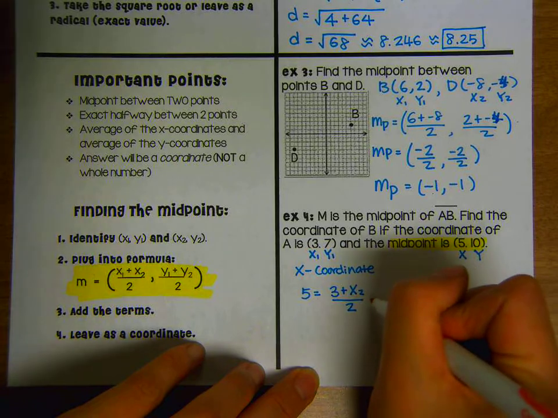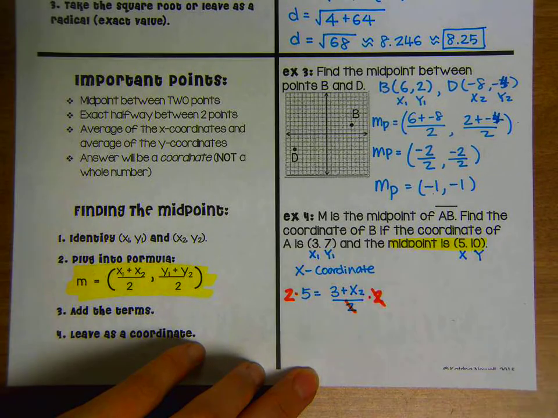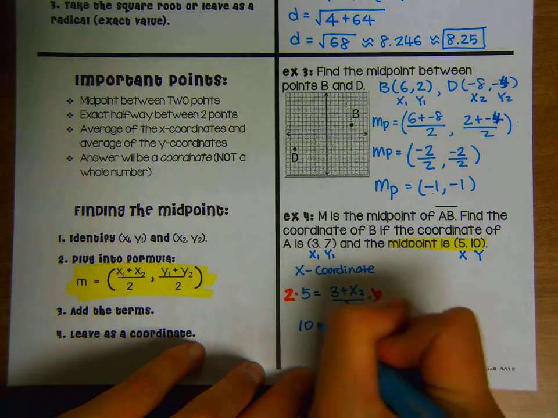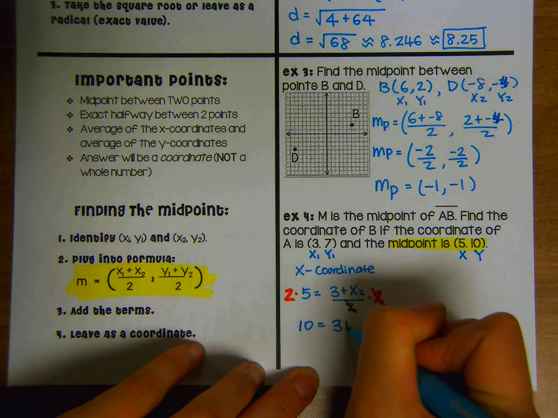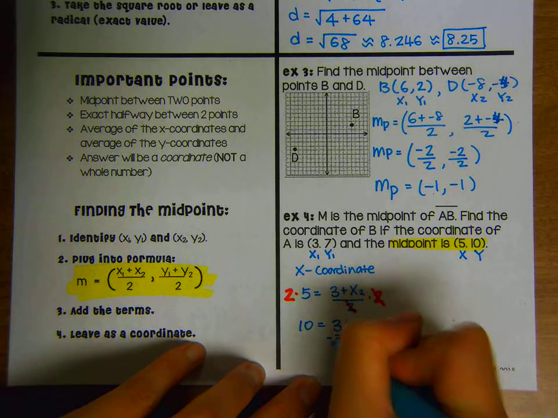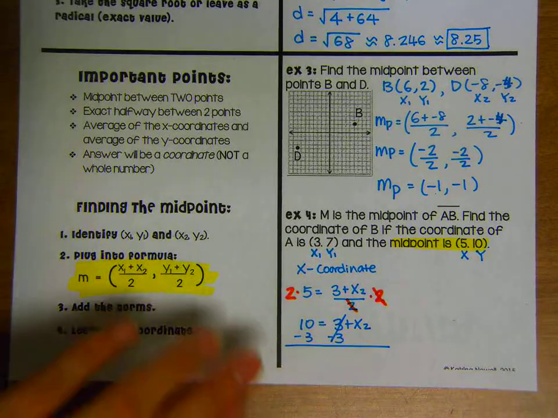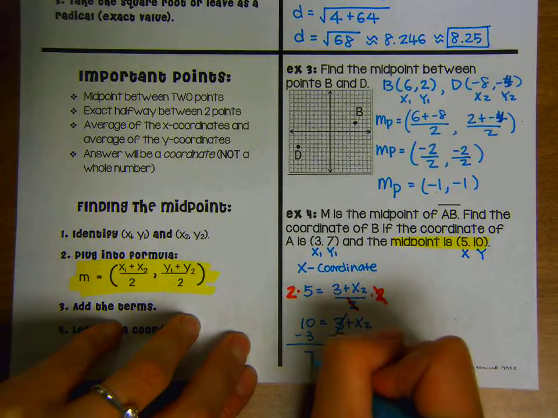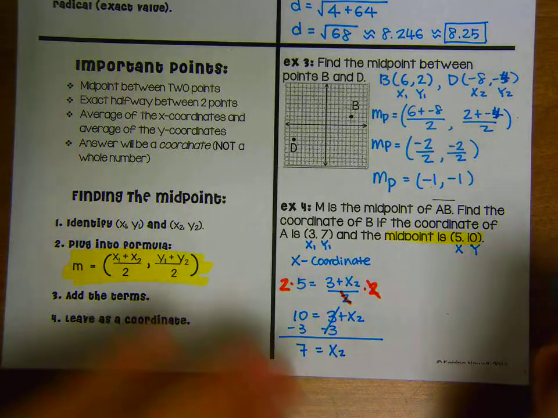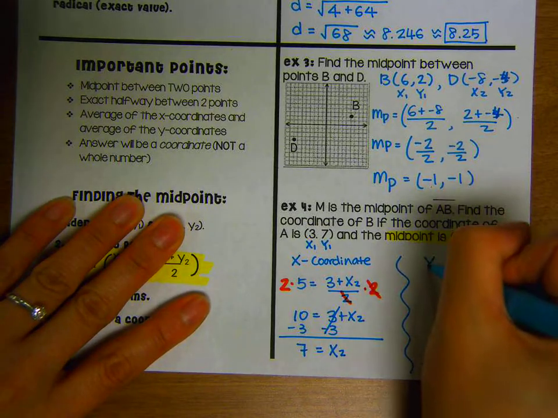So I have to multiply by 2 on both sides. The 2 cancels out. 2 times 5 is 10, equal to 3 plus x2. Subtract 3 on both sides. The 3s cancel out. 10 minus 3 is 7, which is equal to x2. And now we are going to do the y coordinates as well.